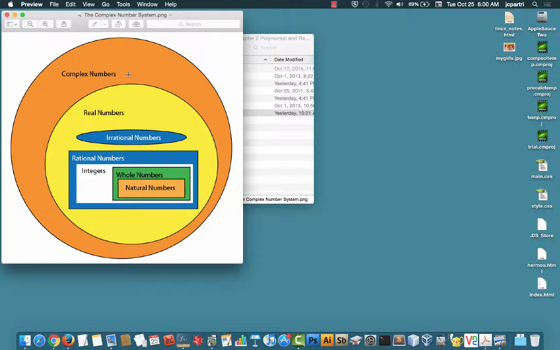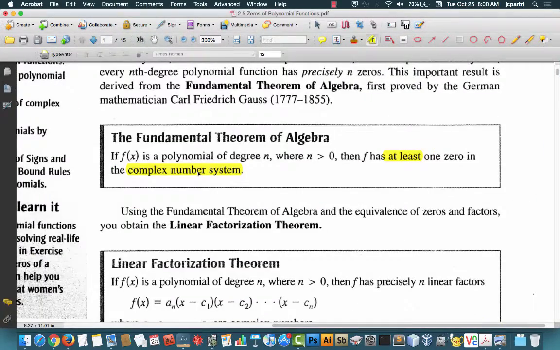So real numbers are part of that system, and that's all the Fundamental Theorem of Algebra is saying: there's got to be at least one zero, that means a number that sets the function equal to 0, in that system. So make sure you read through that and understand that it's the complex number system and how that works.